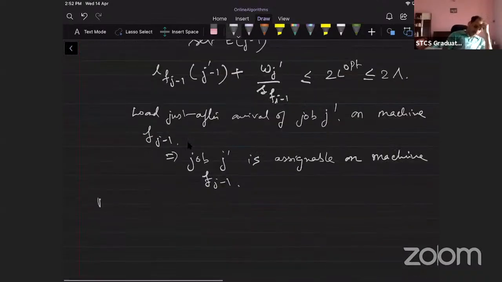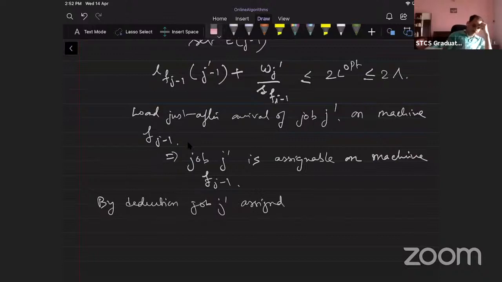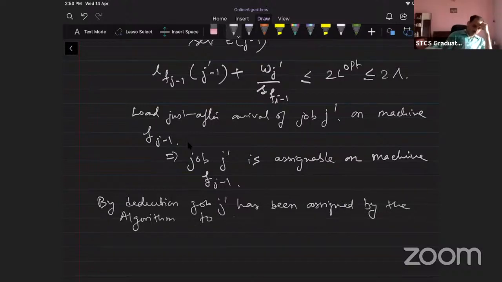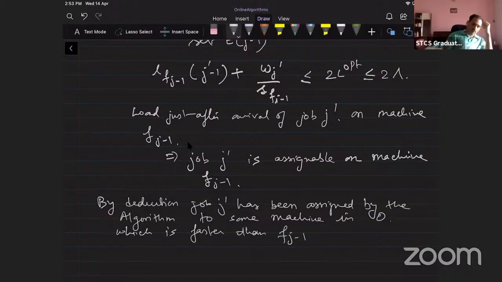So by deduction, job j prime has been assigned by the algorithm to some machine in O, which is faster than fj minus 1.